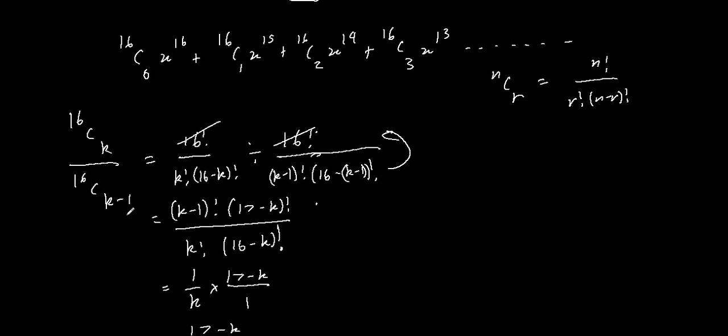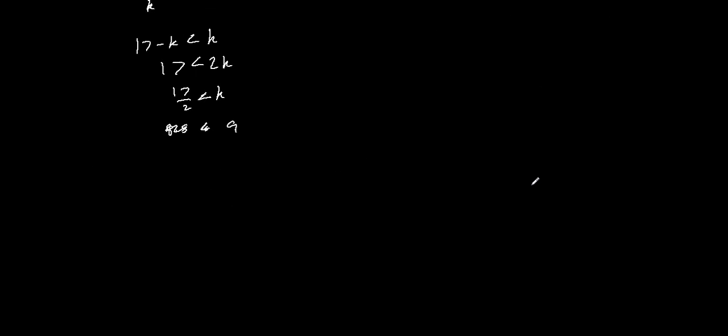This gets me 8/9. So 16c9 over 16c8 is 8/9, so it does follow the idea that 16c9 over 16c8 is a number less than 1. You see that, right?